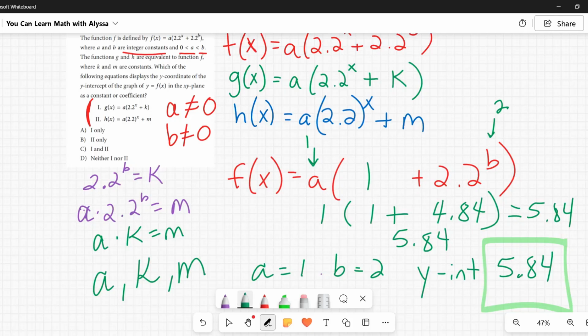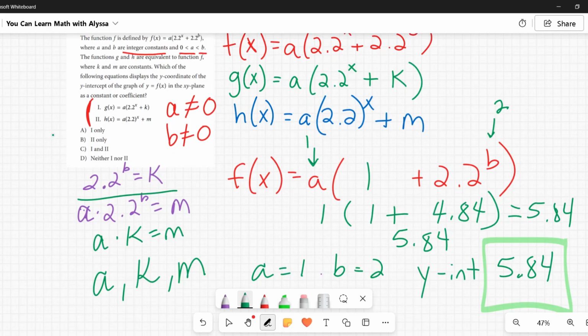Well, we figured out that K is 2.2 to the power of B. When B is 2 in our scenario, 2.2 squared is 4.84, not 5.84, because we added that 1. That little 1 got added to it, and it bumped it up from 4.84.